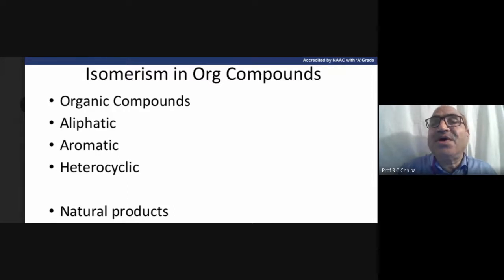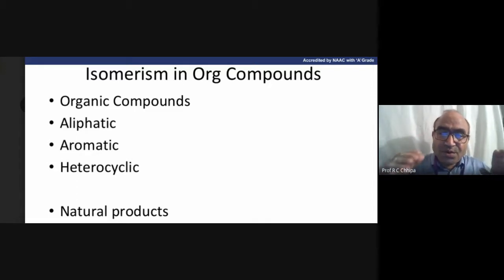That one is called naphthalene. Further, even more aromatic linkages are possible, and we can say anthracene, which has three rings, and naphthalene has two. So a number of organic compounds are formed in the case of aromatic compounds.